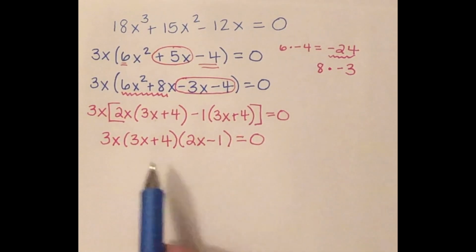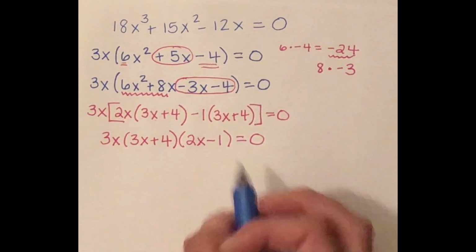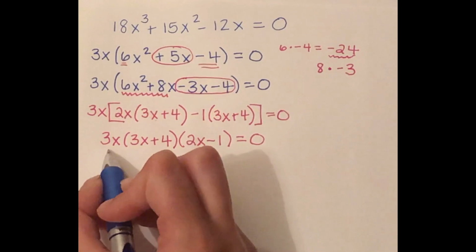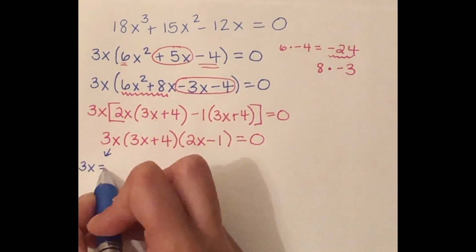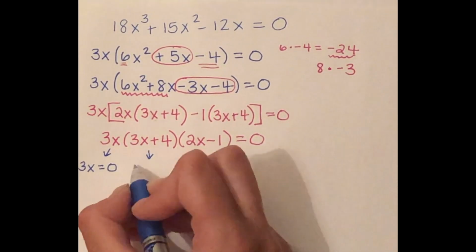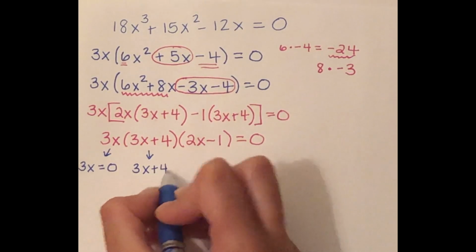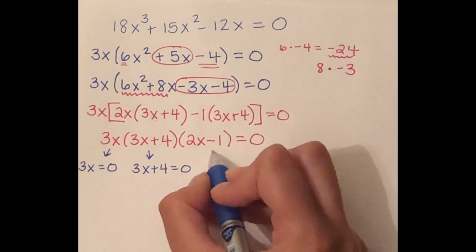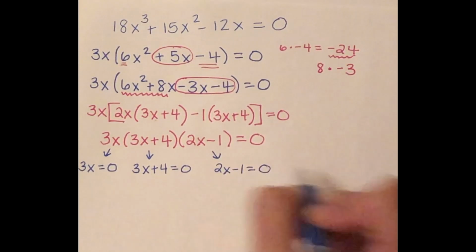So using the zero product property, saying this times this times this is 0, we're going to set each of these expressions, or each piece of this polynomial, equal to 0. So we have 3x equals 0, we have 3x plus 4 equals 0, and we have 2x minus 1 equals 0.